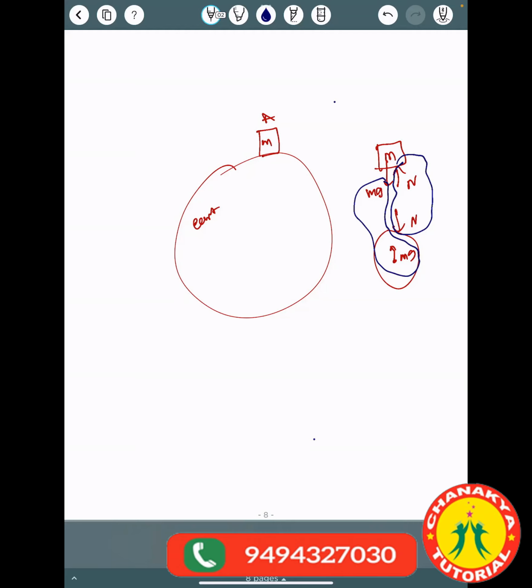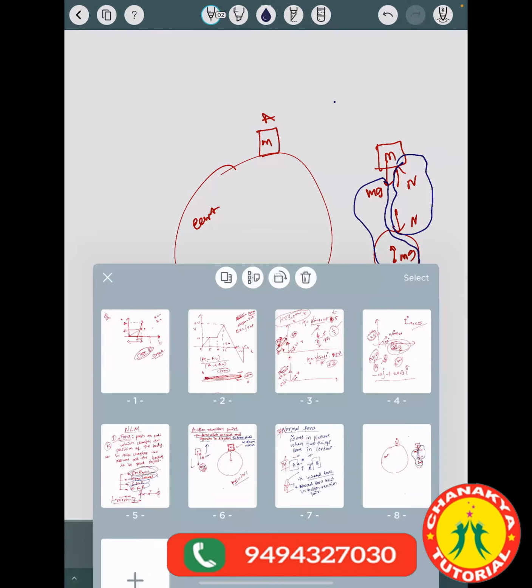Now we'll go to the concept called free body diagram. Put the heading free body diagram, FBD.